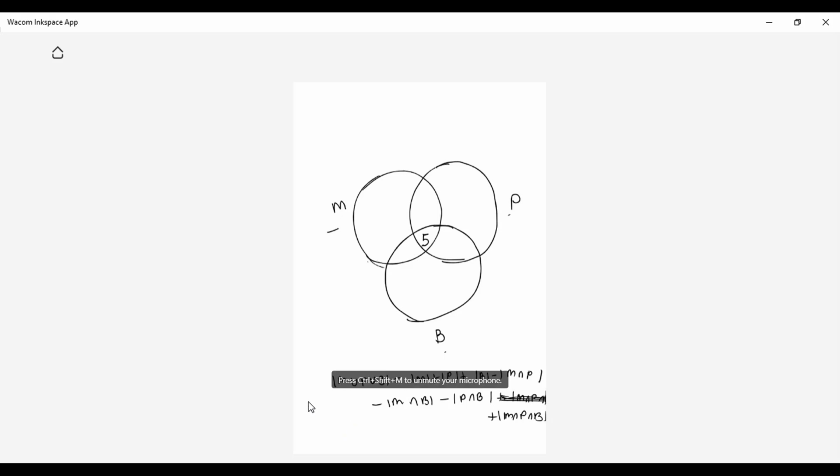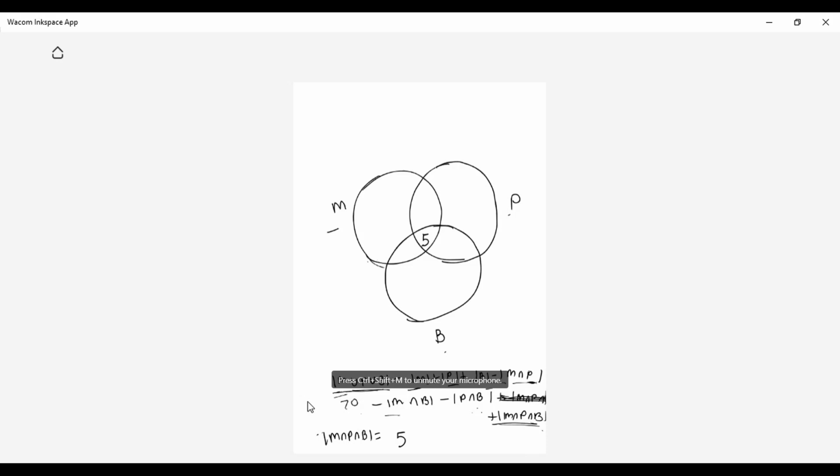Now what I have to do is find M intersection P intersection B. So how do I find it? I'll substitute the M, P, B values, and we also have the M union P union B value, that is 70. So 70 minus the addition of these, and I'll get the value 5.